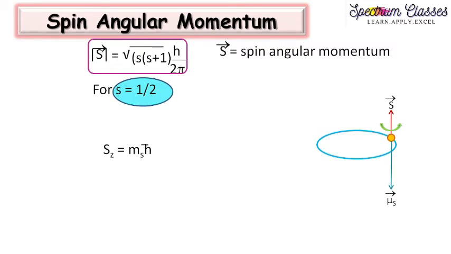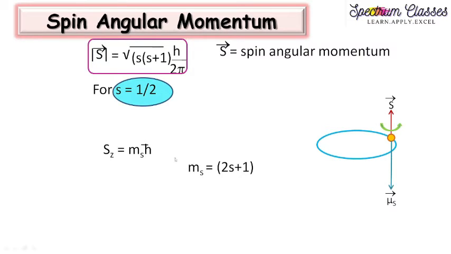I will tell you later in the next slide what this magnitude means. Now coming to the component of this spin angular momentum about the z-axis. Here we have Sz. Since it is a vector quantity, it has components in different directions, and we are just concentrating on the component in the z direction, which has values ms h cross. Here h cross is again h upon 2 pi. Before putting in the values of ms, the question comes, what is this ms? ms means the magnetic spin quantum number.